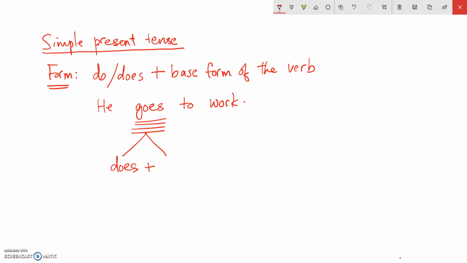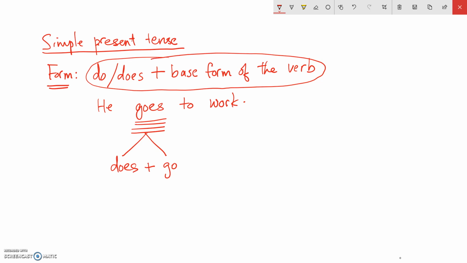Does plus go. Does plus go gives goes. So here we can see it's do or does plus the base form of the verb. So go is the base form of the verb. Do or does, depending on the type of subject you're using.